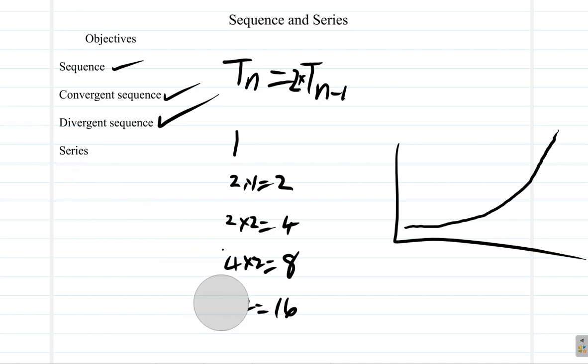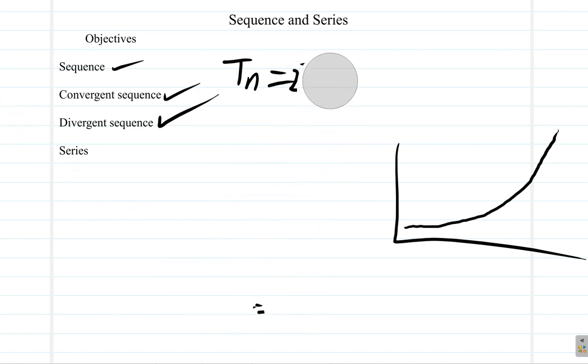And by the way, another divergent sequence you might get is Tn equals negative 2 times the previous term, Tn minus 1. If you have this and you start with 1, the next term would be negative 2 times 1, negative 2.